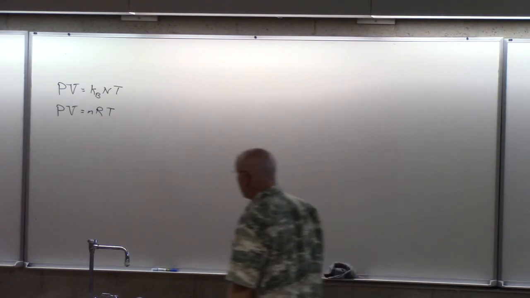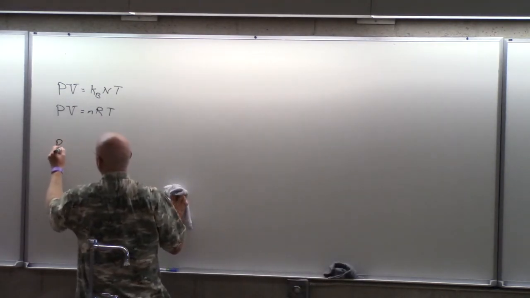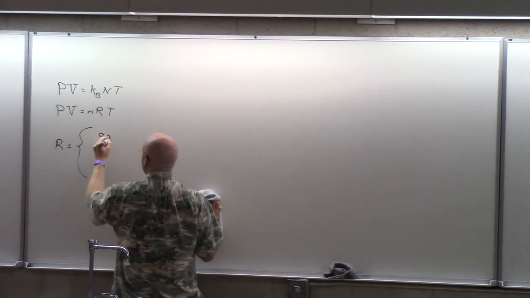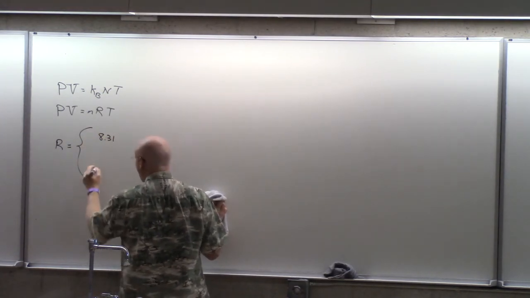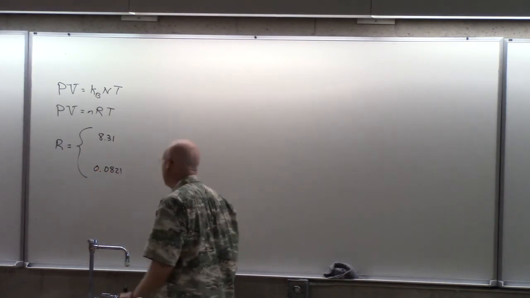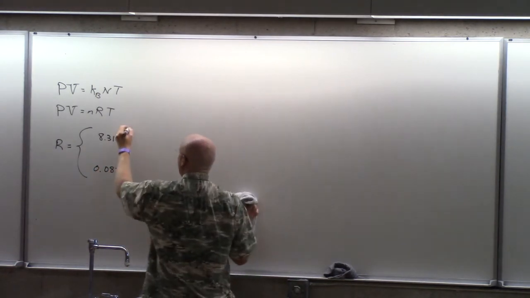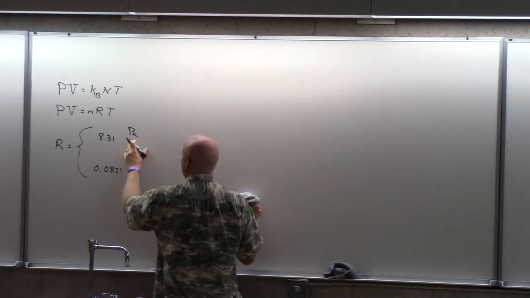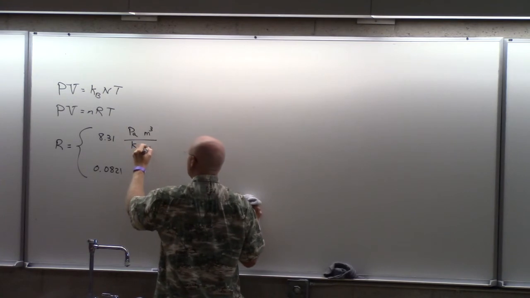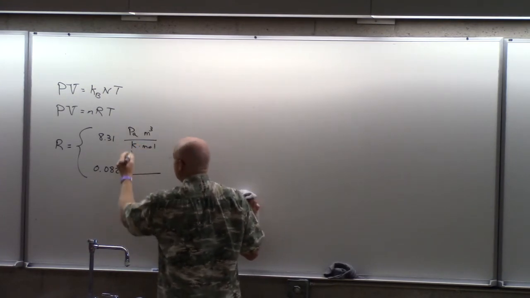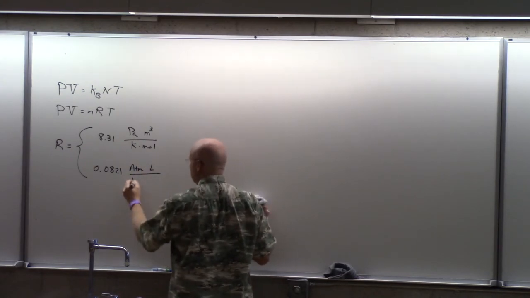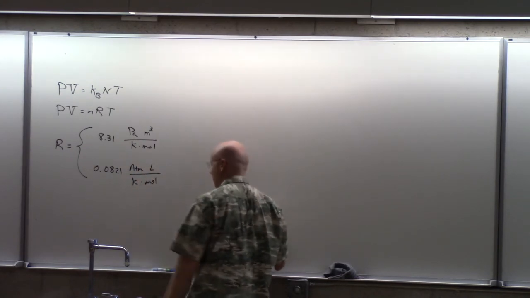And the R could be 8.31, or it could be 0.0821. It really depends on if you're measuring your pressure in pascals and volume in cubic meters, or if you're measuring your pressure in atmospheres and your volume in liters. The choice is yours.